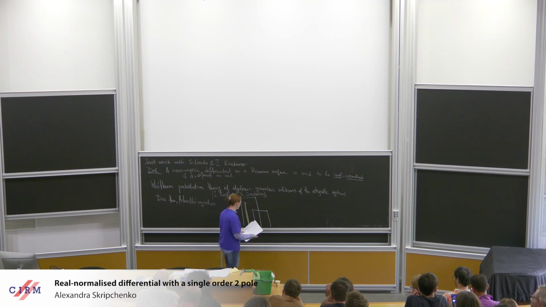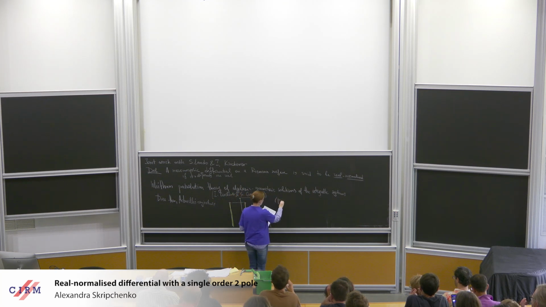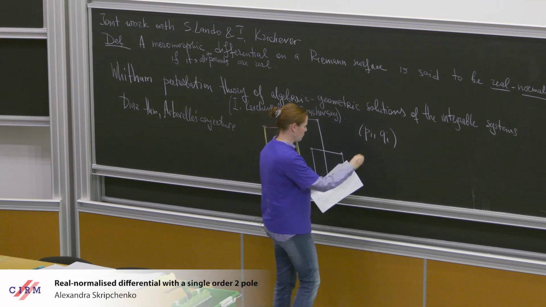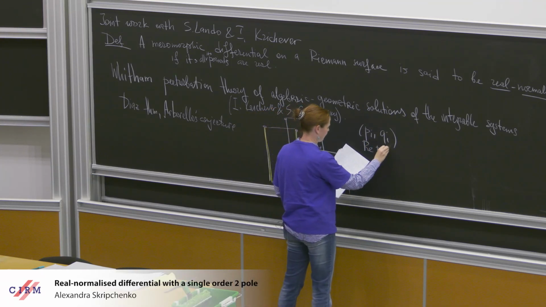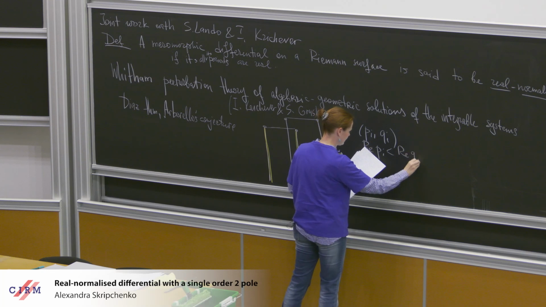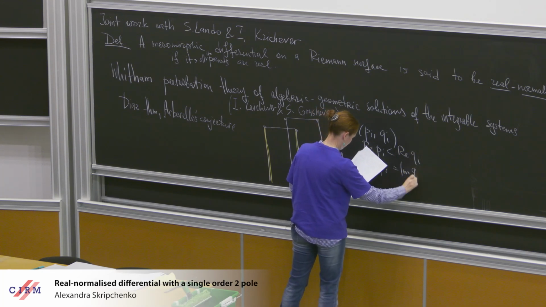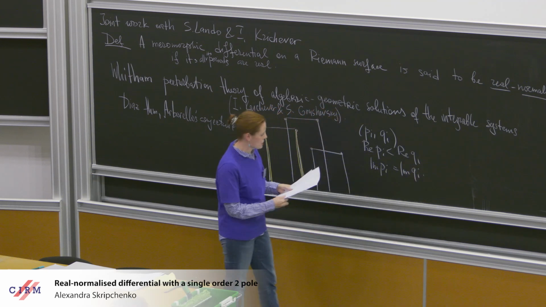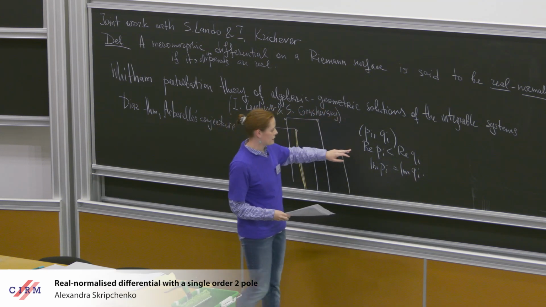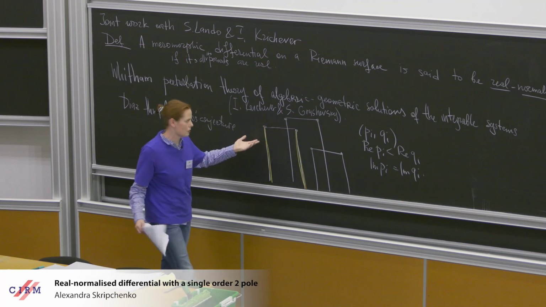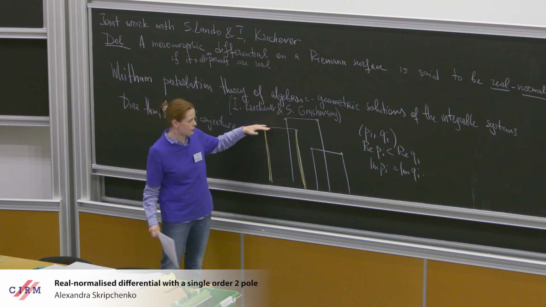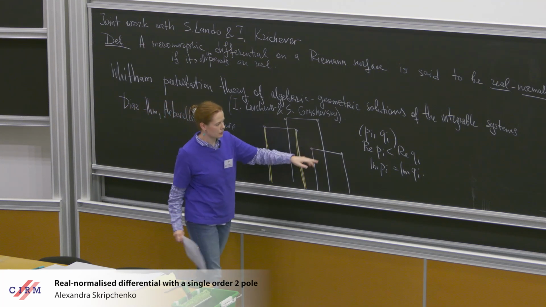If you want to formalize it, you say that you take p_i, q_i, and you want the real parts to be different, but the imaginary parts to coincide. And different imaginary parts you define for different pairs. That's what corresponds to the fact that they live at a different altitude here.